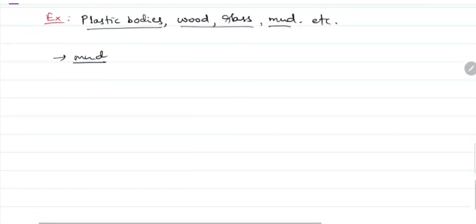Let us see here, we will take one example, that is a spring. See here, I have taken a spring tied to a wall, and I am giving a force in this direction. If I apply the force, the spring stretches.